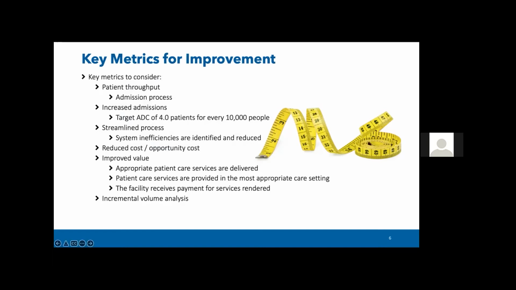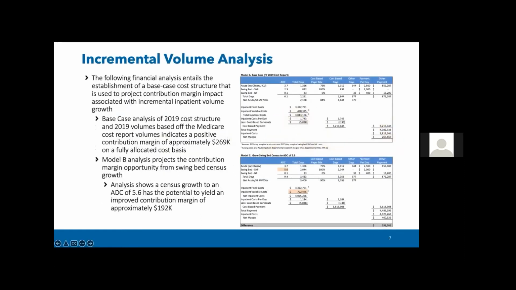If we're able to define our patient population, the folks that we would admit to our hospital, the goal is really on improved admissions, because we've developed this framework and we're more consistent in following it, which would lead to improvement in our census, which in turn improves our contribution margin.